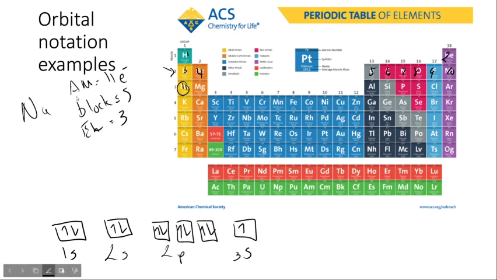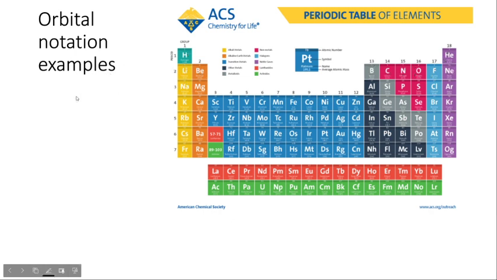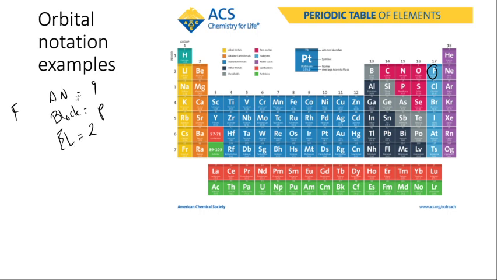So let's do one more. Let's take a look at, let's say, fluorine, right? Fluorine, atomic number 9, going to be in the P block, and its energy level is 2.